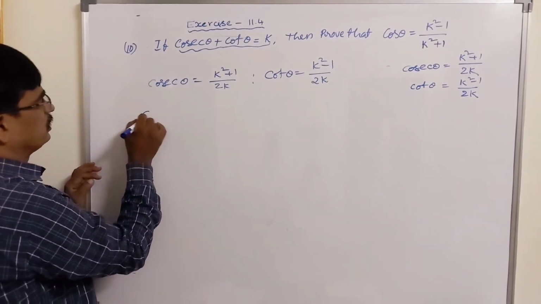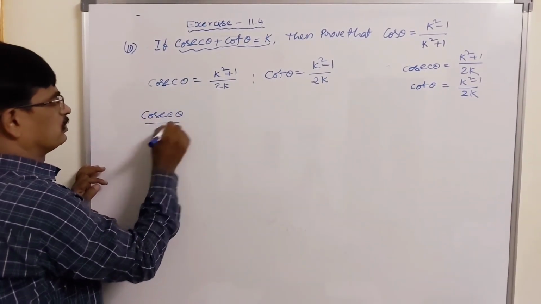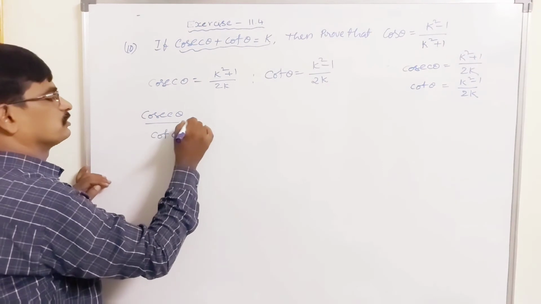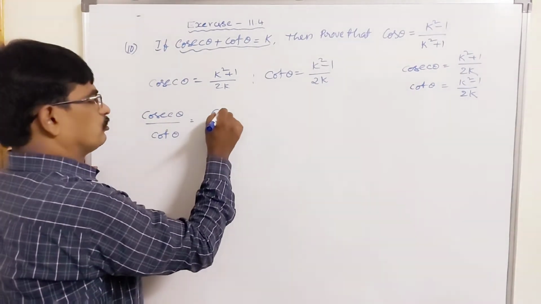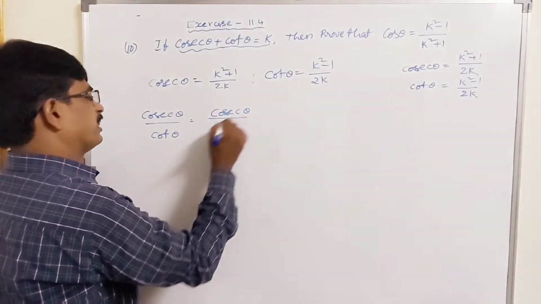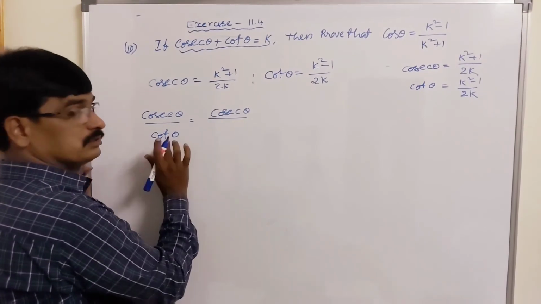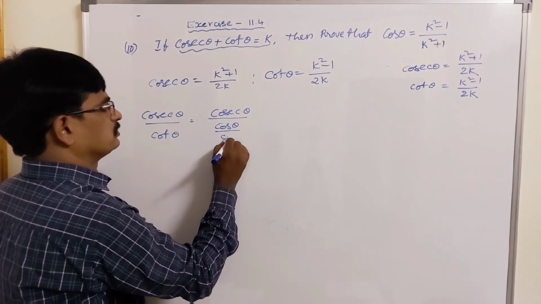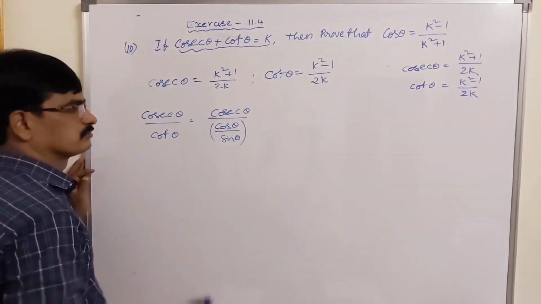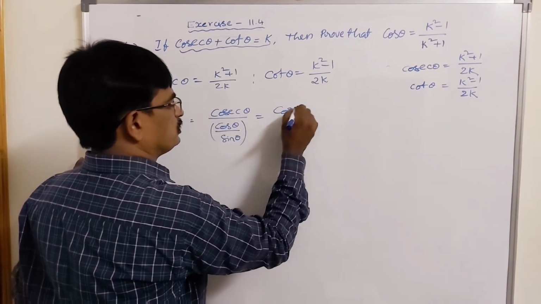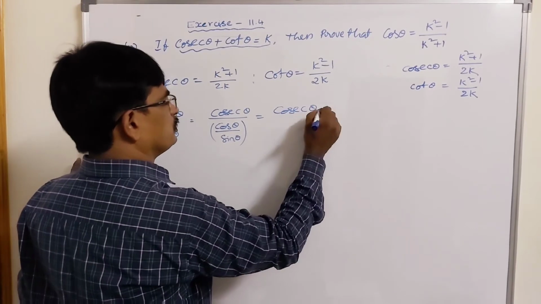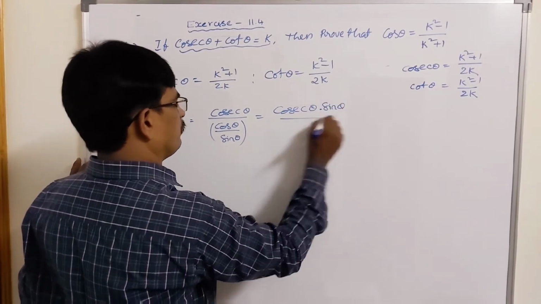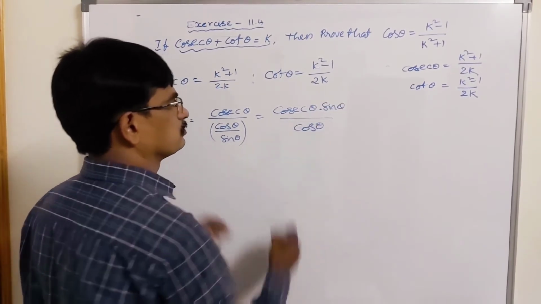Now if you divide cosecant theta by cot theta, cot theta is cos theta by sin theta, right? Then cosecant theta into sin theta by cos theta.